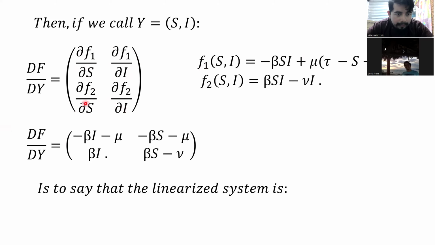And replacing, this df over dy is going to be minus beta I minus mu, minus beta s, minus mu beta I, and beta s minus mu. So this is our general matrix that gives us the knowledge of how the linearized system will become, or what the qualitative behavior is going to be.